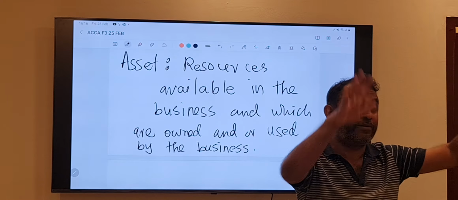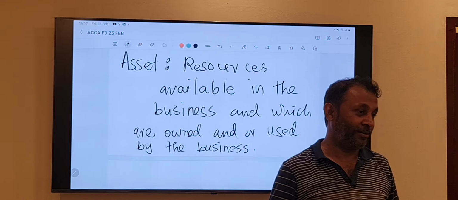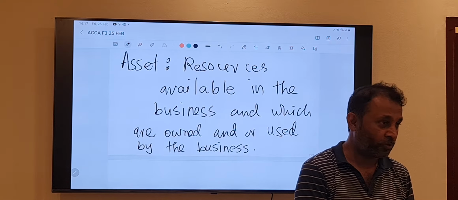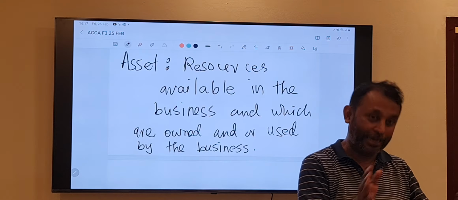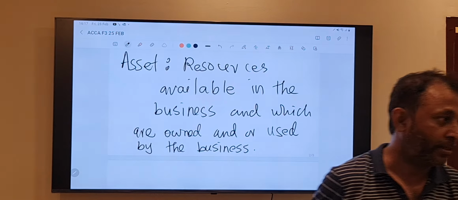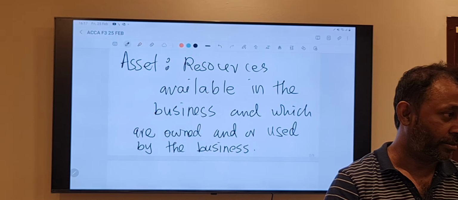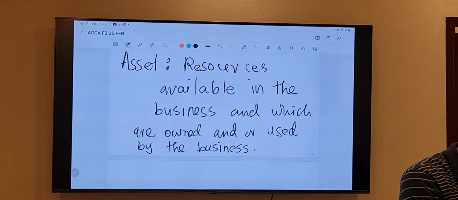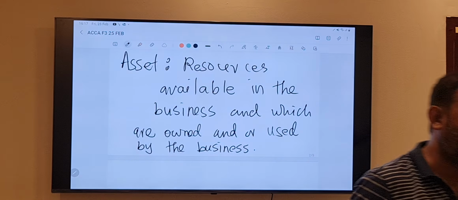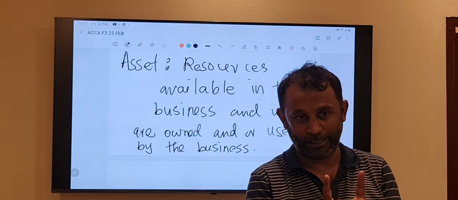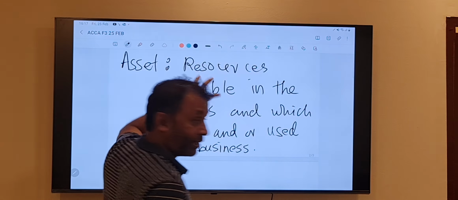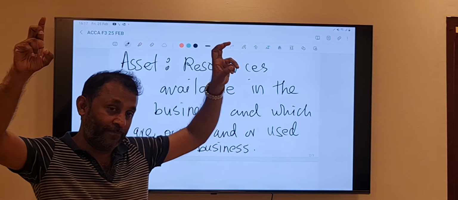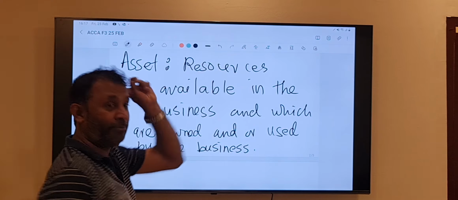For this building, if you don't have the land, can I have this building? No. So this building is also an example of land. This laptop, if I don't have land, no one can produce this laptop. The tripod, the cupboard are also land as per economics. So, resources available in the business.